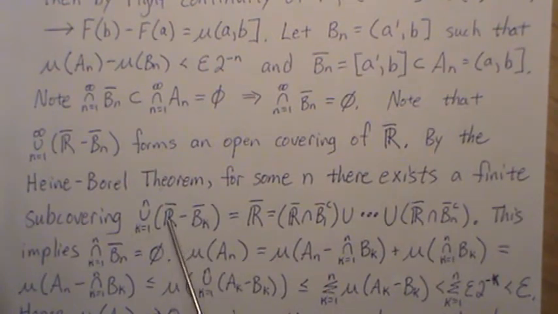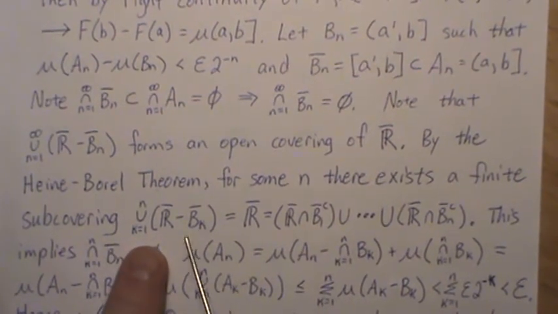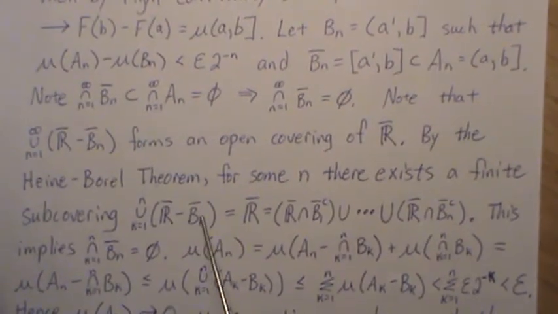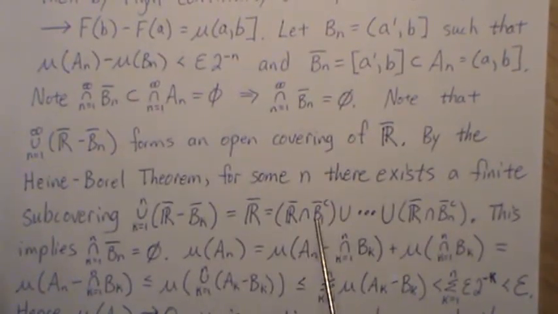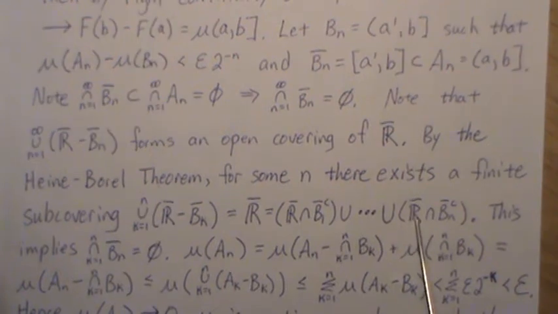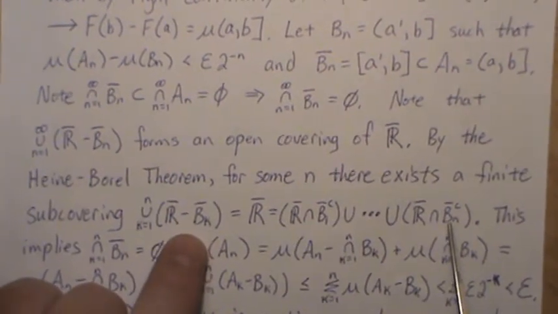But that says this covering is R, the extended R. Now, if we list out a few of these, R minus BK is really R intersect B1 complement, all the way to R extended intersect BN complement. That's what the difference means.